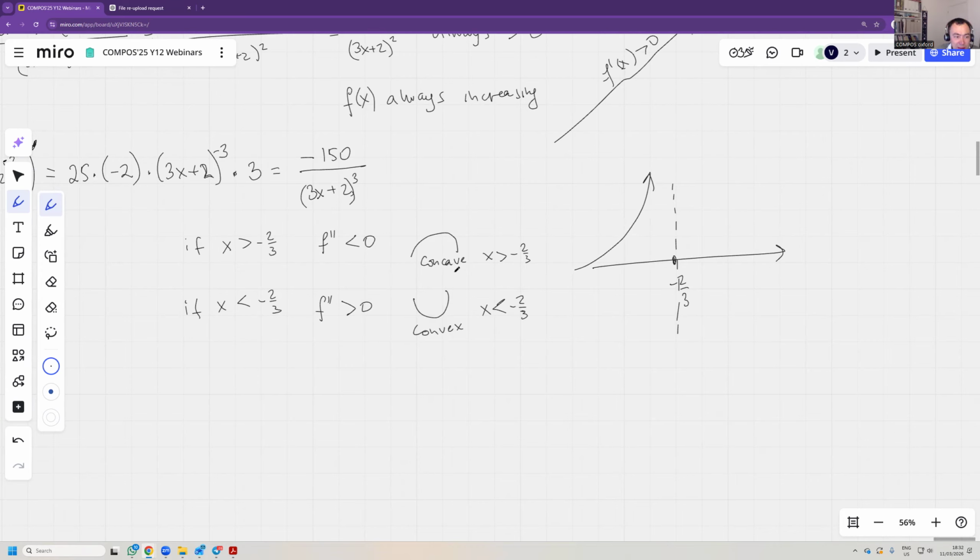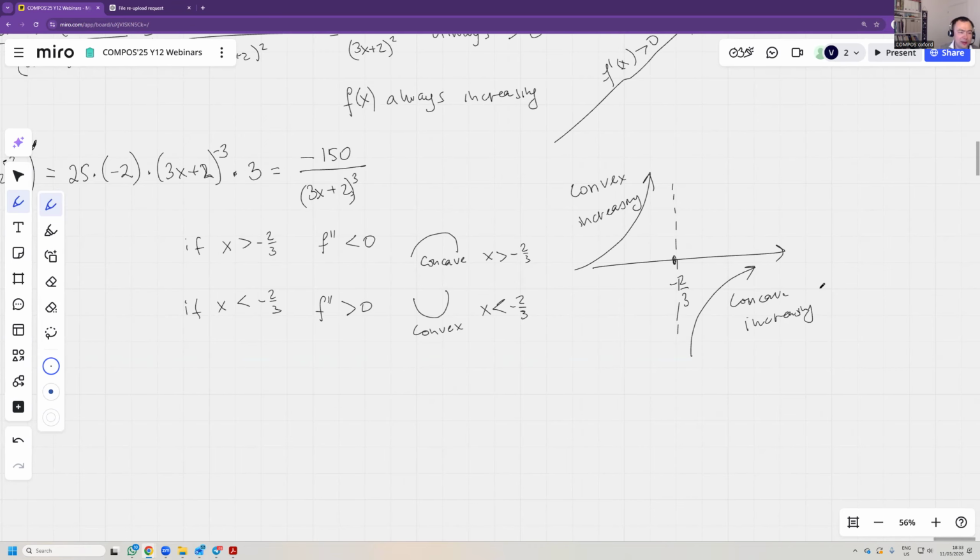And from negative 2/3 it is concave and increasing. And that makes perfect sense. So this is convex increasing, and this is concave increasing.